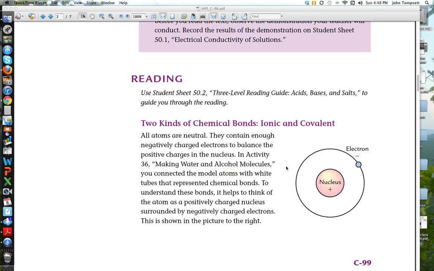To understand these bonds, it helps to think of the atom as a positively charged nucleus surrounded by negatively charged electrons. That's exactly what is shown right here. Here's that positively charged nucleus and the negatively charged electron.